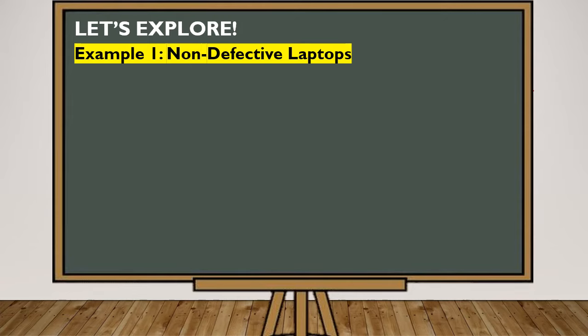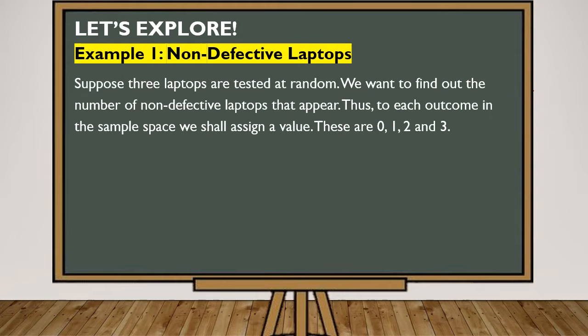Let's explore example number 1, non-defective laptops. Suppose 3 laptops are tested at random. You want to find out the number of non-defective laptops that would appear. Thus, to each outcome in the sample space, we shall assign a value: 0, 1, 2, and 3. From a group of laptops, you choose 3 laptops and test them at random.